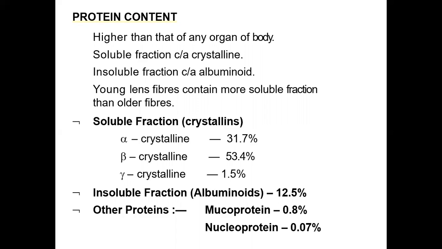Alpha crystalline around 31.7%, beta crystalline 53.4%, and gamma crystalline 1.5%. Insoluble fractions or albuminoid have around 12.5%. And other proteins, mucoprotein and nucleoprotein, are respectively 0.8% and 0.07%. Very small numbers.